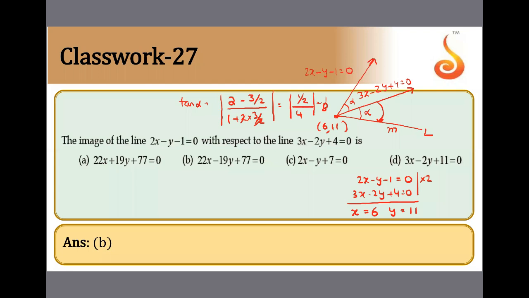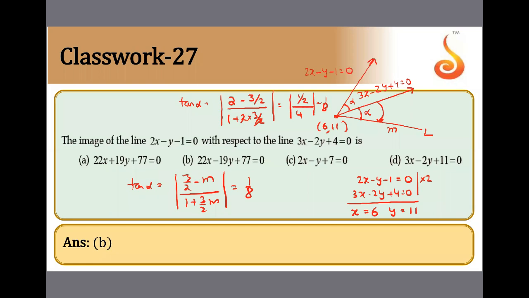We calculate tan alpha again with the modulus. What is the slope here? (3/2 minus m) upon (1 plus 3/2 m) is equal to 1/8. Because whenever we talk of image, this angle and this angle must be the same.